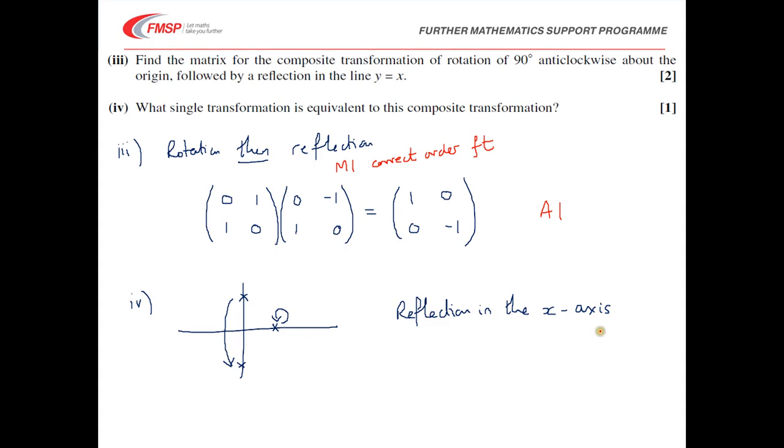And for part 4, there is just one single mark for getting that correct answer. There's no follow through there because you could work that out geometrically from the transformations, and doing that can be quite a useful check to make sure that you've got the composite matrix correct.